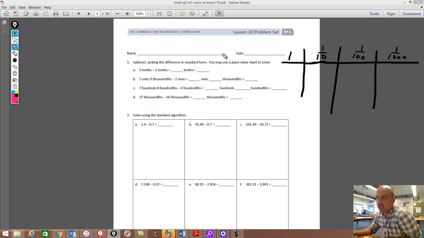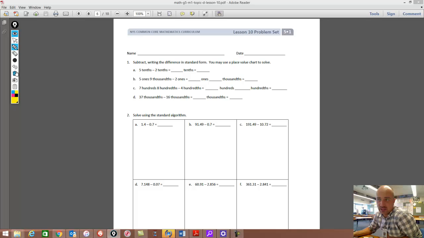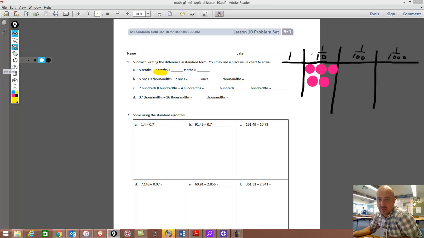Let me try that one more time to get an even one. 1, 2, 3, 4, 5 tenths. And I have to subtract 2 tenths. So 5 tenths, I want to subtract my 2 tenths.